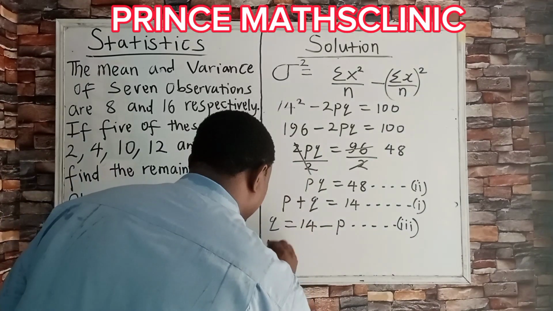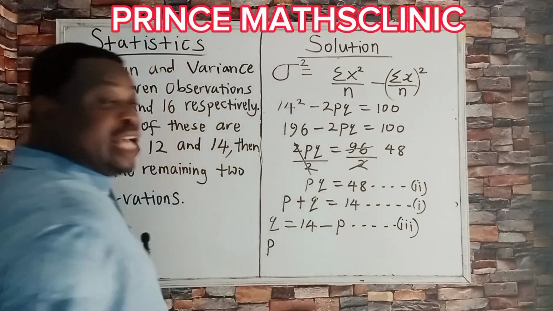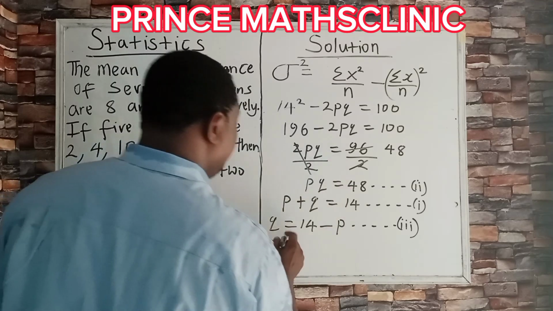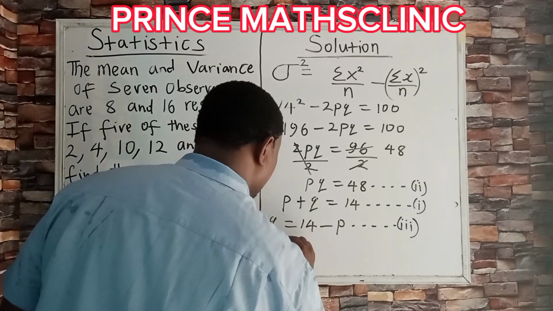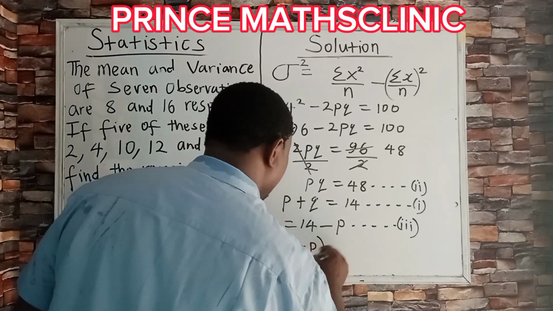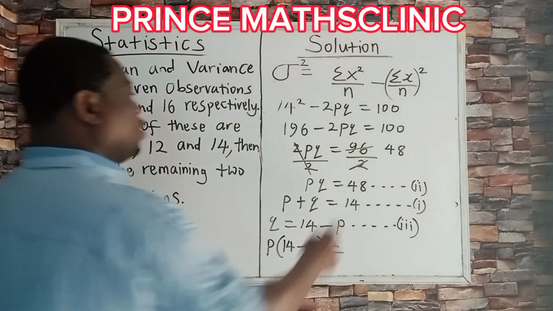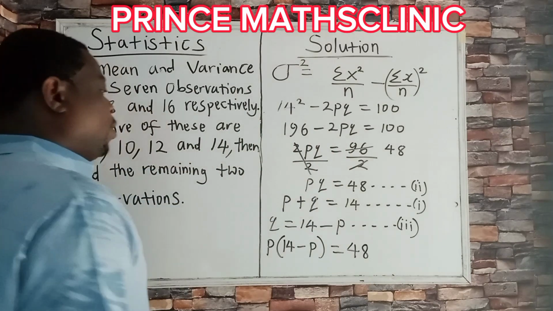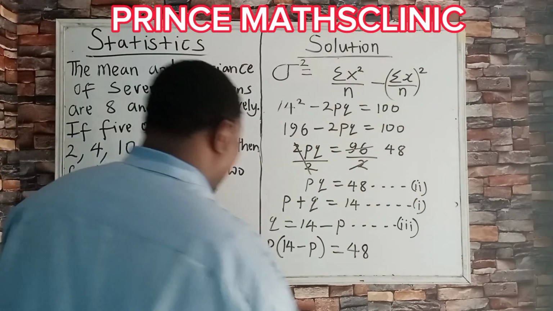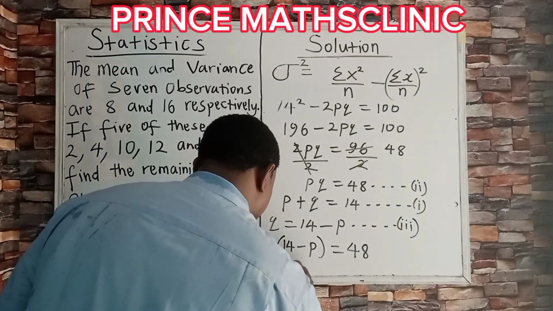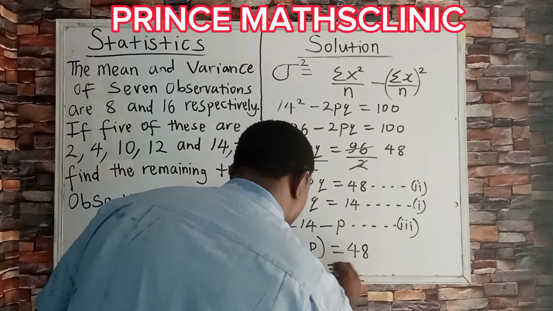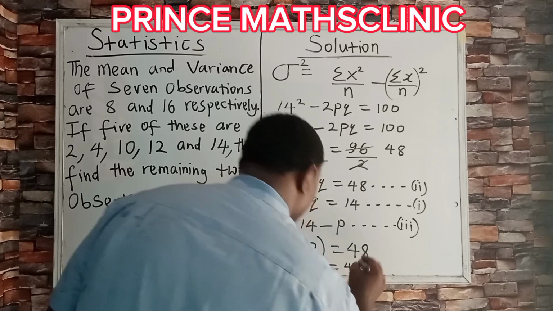Therefore, it will look like this, pq means p times q. So since 14 minus p has replaced q here, it will now be p times 14 minus p equal to what? 48. So expanding this now, I have what? 14p minus p squared equal to what? 48.